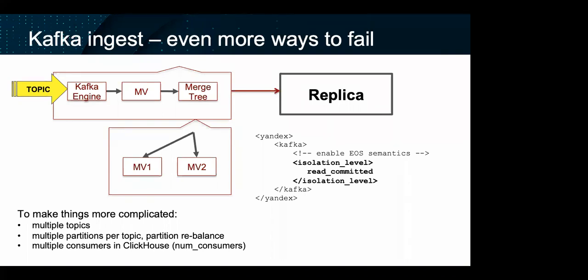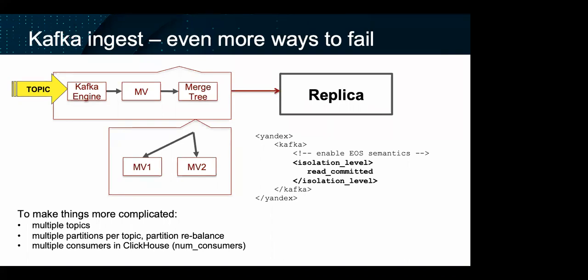The later part of the pipeline is the same as with our ordinary insert. So you need to make sure that you have insert quorum for replicas. You need to make sure that you have a proper setup of materialized views for distributed tables and so on and so forth. So with EOS guarantees, Kafka ingests are reliable in ClickHouse.